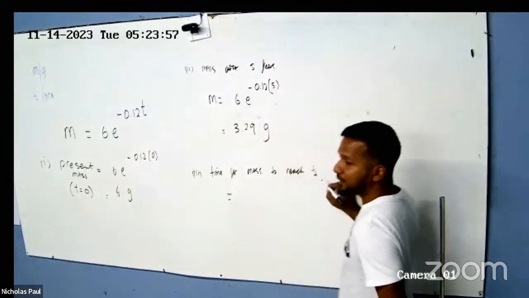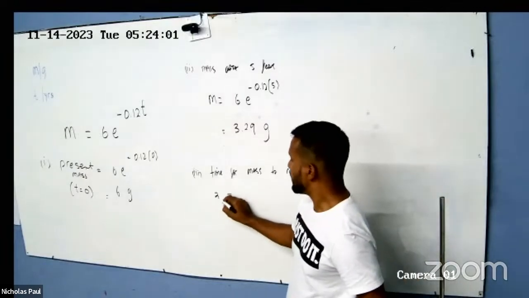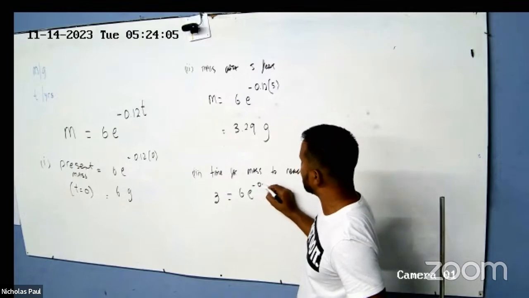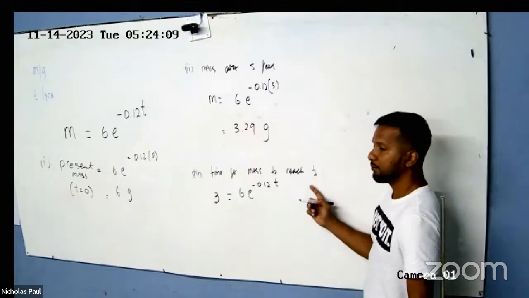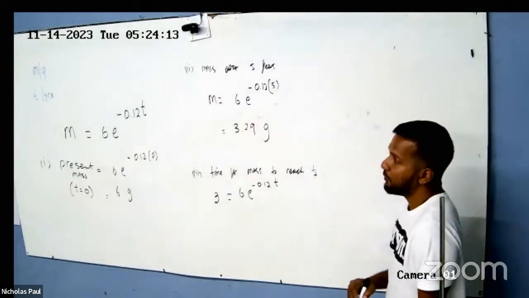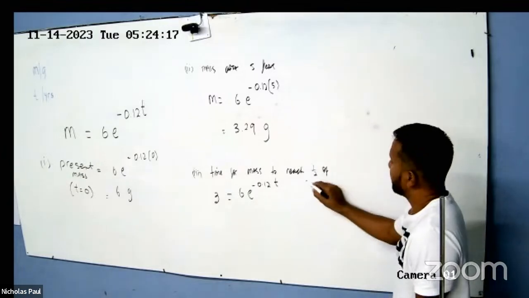Now the mass is what? The mass is 3. The formula is 6e to the minus 0.12t. Half of the original. I didn't write it here because I didn't want to go on this side.